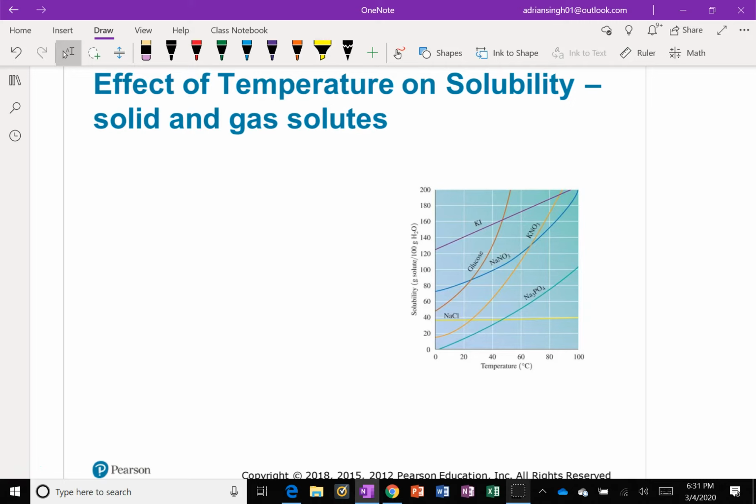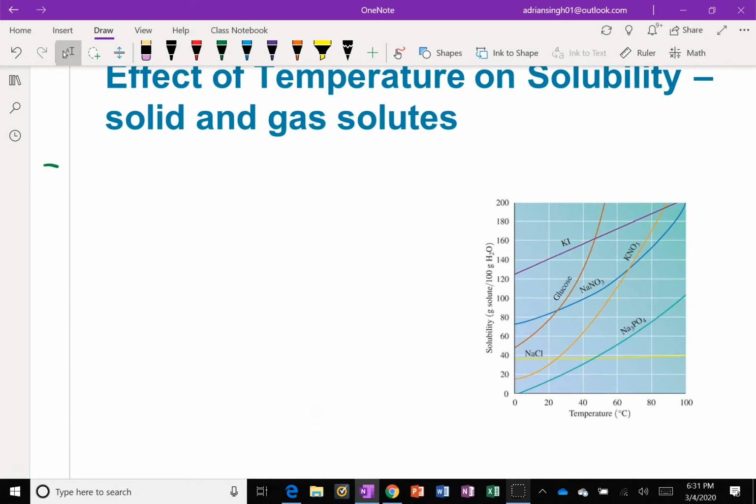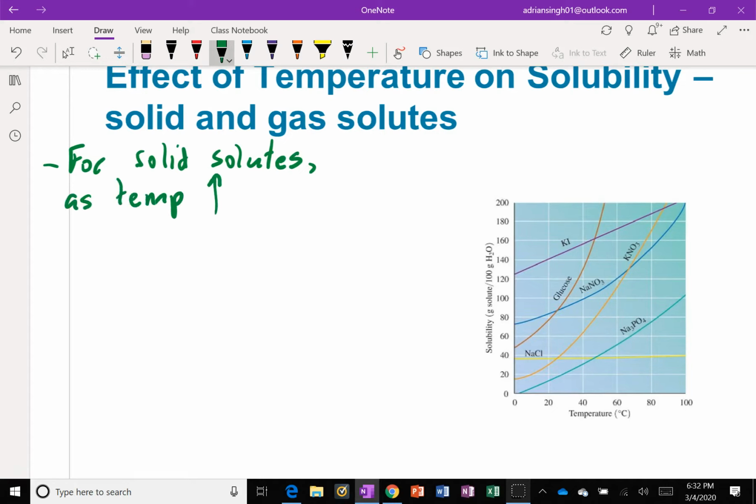So you have to specify the temperature because solubility is temperature dependent. So we can say for solid solutes, as the temperature increases, the solubility also increases.